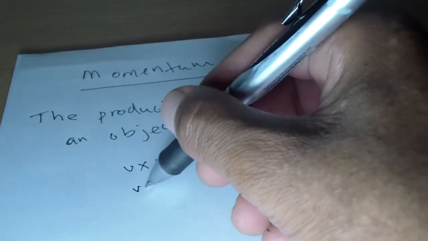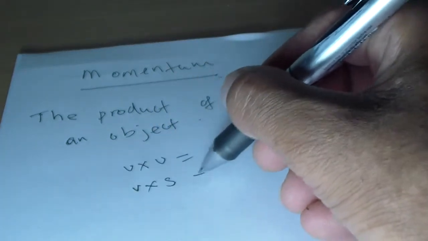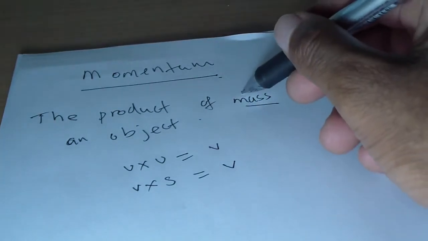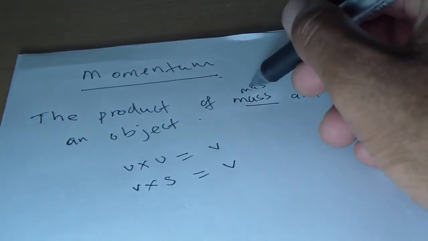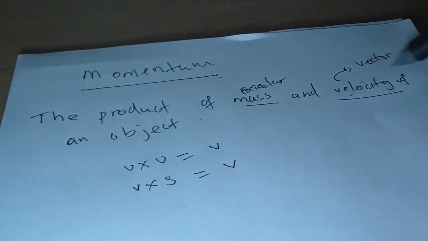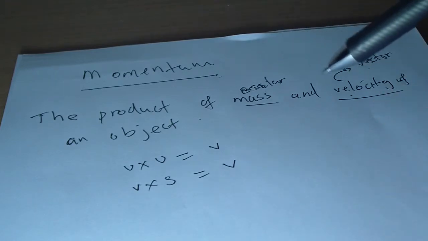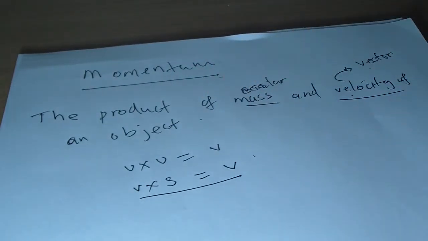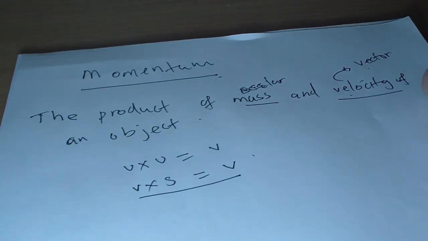A vector times a scalar will also give you a vector. Okay, so we know mass is a scalar quantity and velocity a vector quantity, so it fits which description? Vector times scalar, so it will give us a vector quantity.